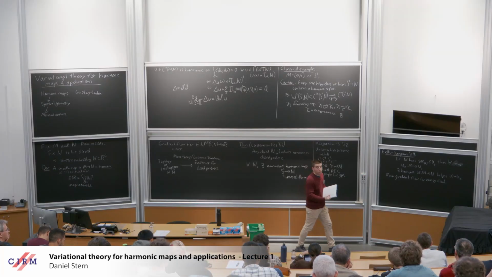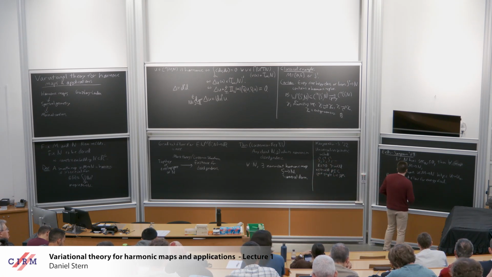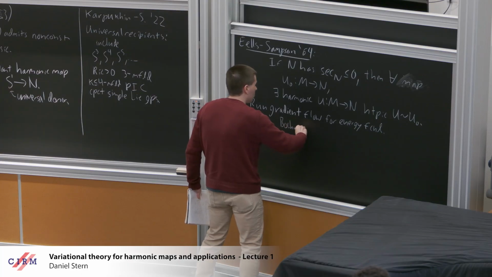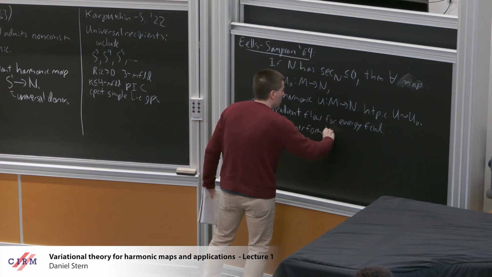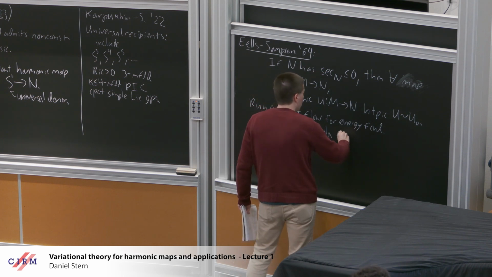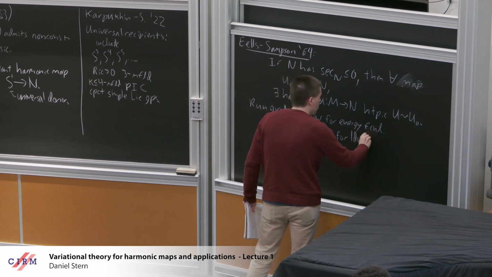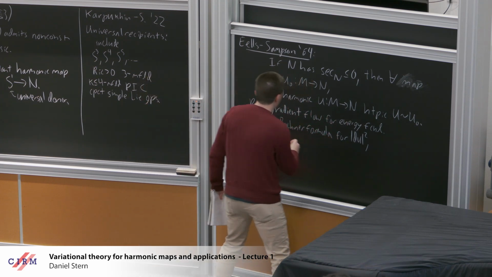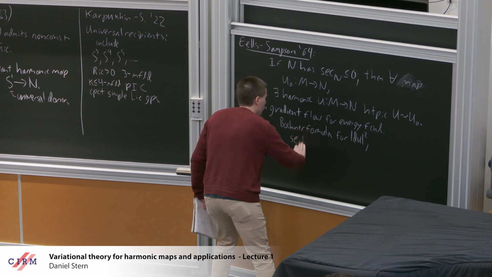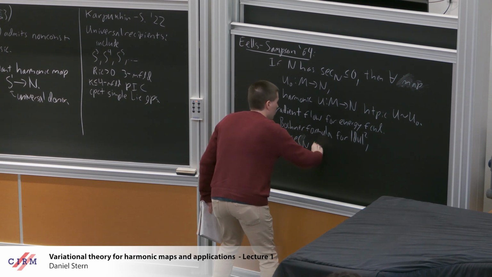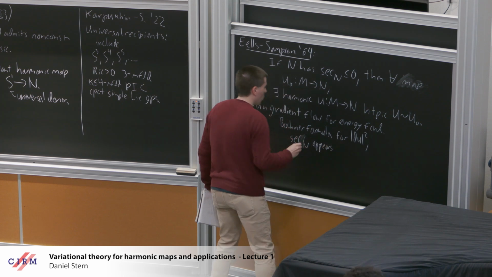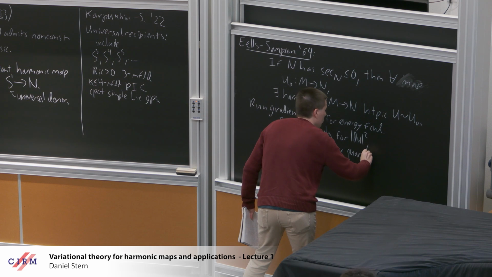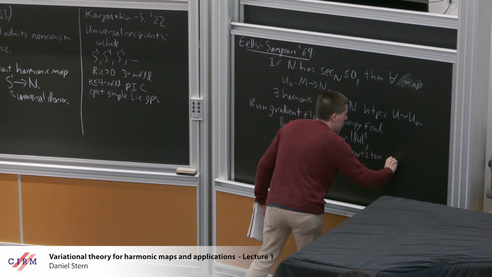The main thing that goes right in their work is that in a Bochner formula, if you're looking at the parabolic Bochner formula for the energy density, then the sectional curvature of N appears with a term that's quartic in du.